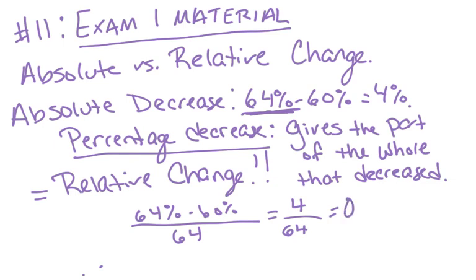Which then turns into, as a decimal, .0625. Hey, look at you. Okay. And then once we have that, I can multiply this by 100 because it's asking for the percentage.